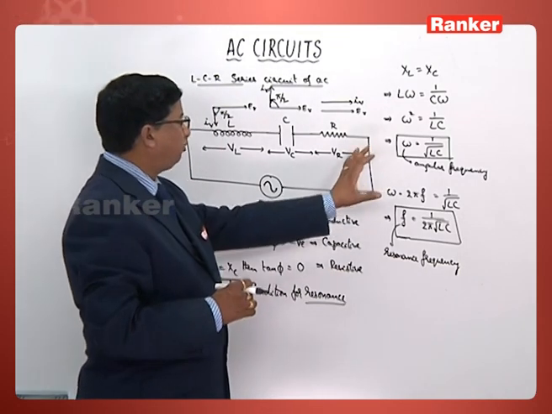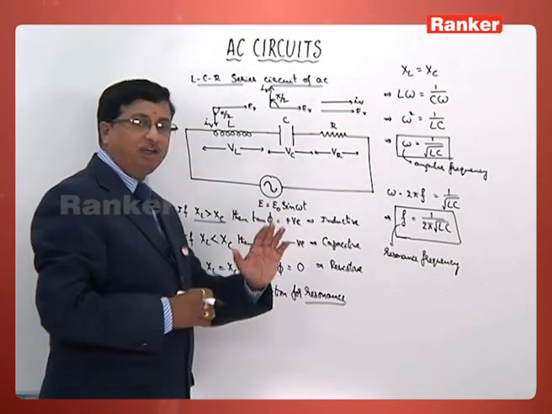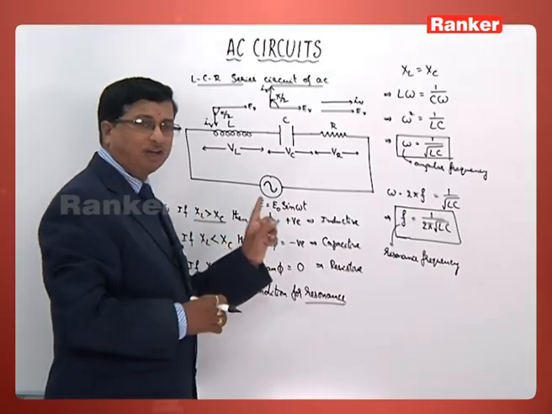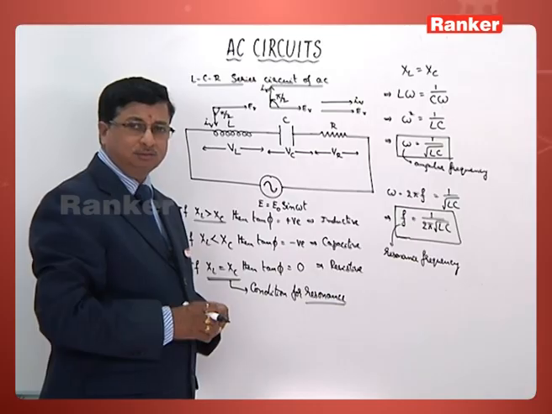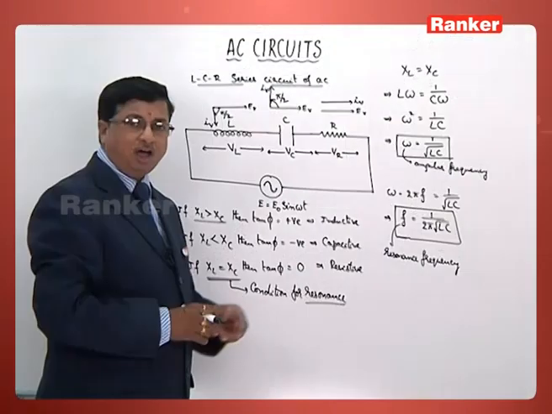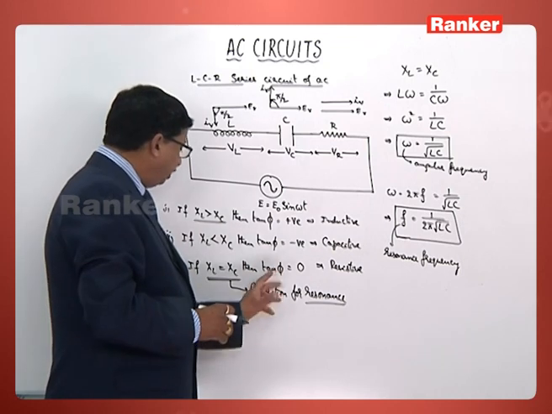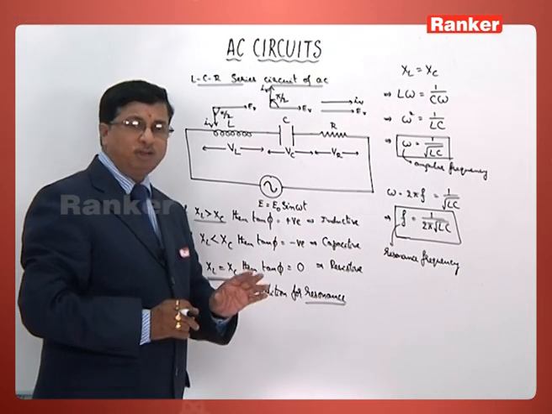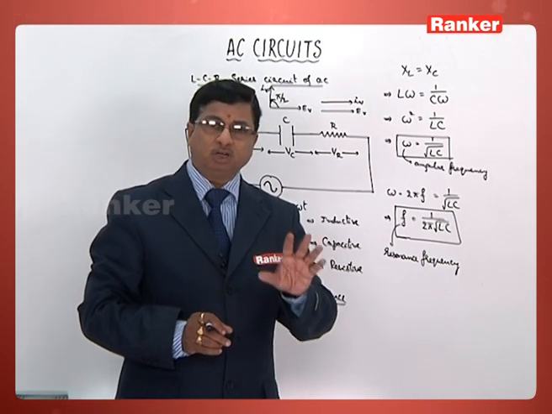So what exactly should one understand from this? Whenever the circuit is inductance dominant, then it is understood XL is greater than XC. When it is capacitive dominance, then XL is less than XC, or XC is greater than XL. Whenever it is a resistive circuit, then it is understood the influence of the inductance and capacitance are being nullified in terms of their voltages.